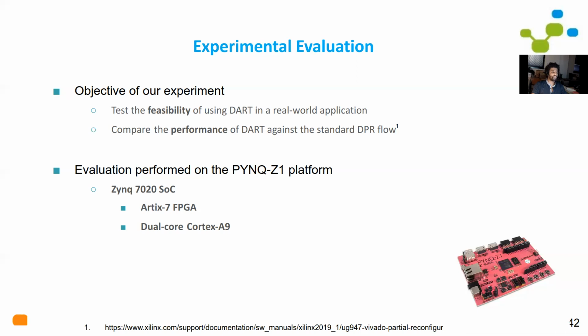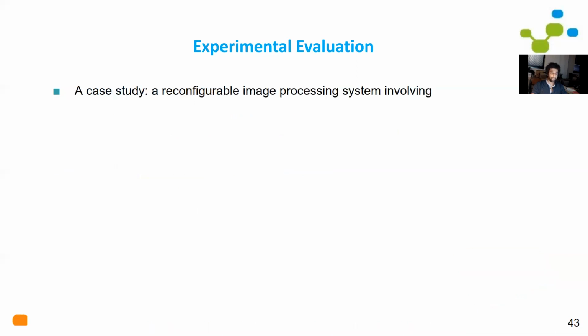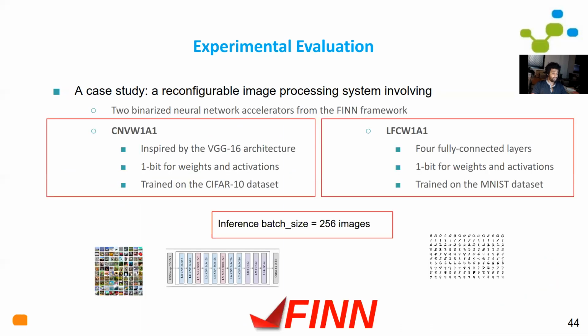The evaluation was performed on the PYNQ-Z1 platform, which contains the Zynq-7000 system on chip with an FPGA and a dual-core ARM Cortex-A9. In order to perform our test, we created a case study for a reconfigurable image processing system, which involved 2 neural network accelerators, fully binarized neural network accelerators obtained from the FINN framework.